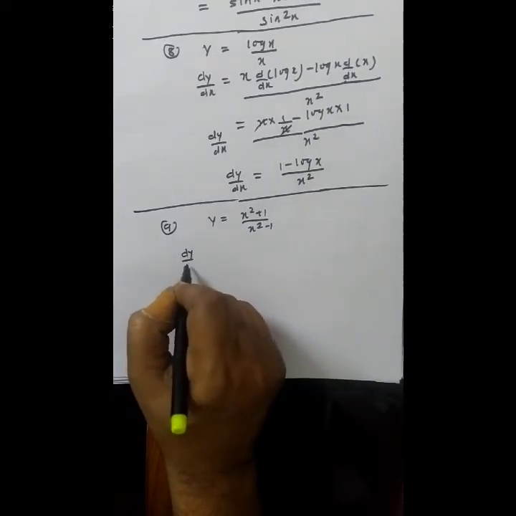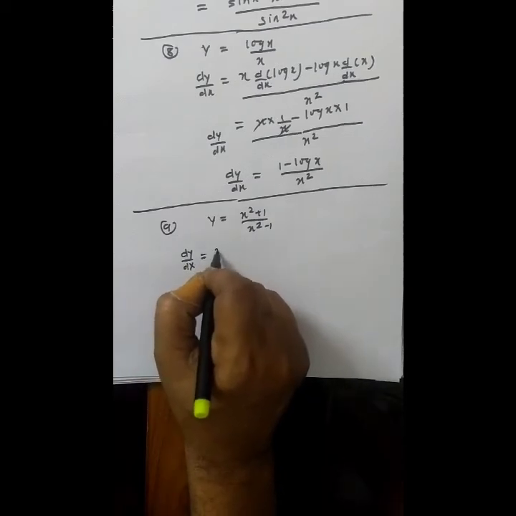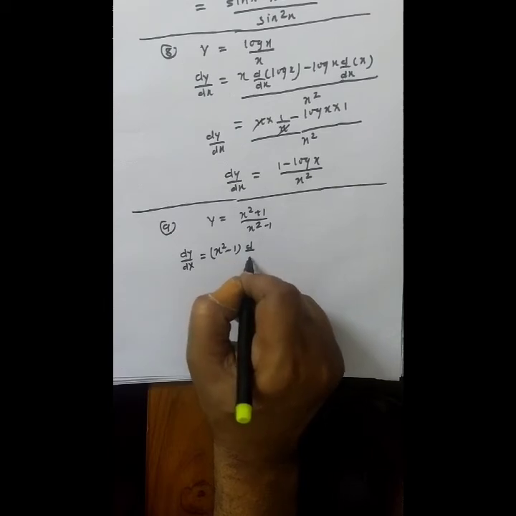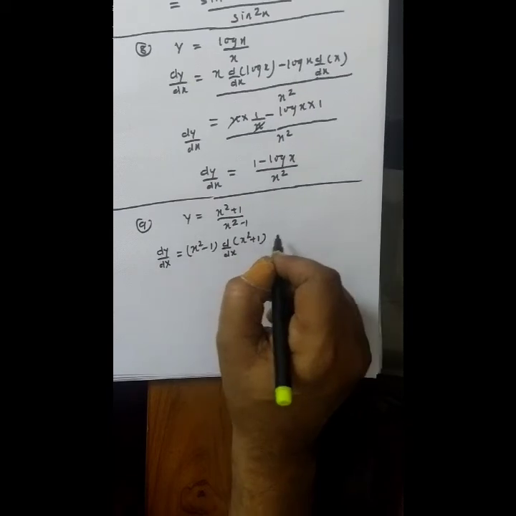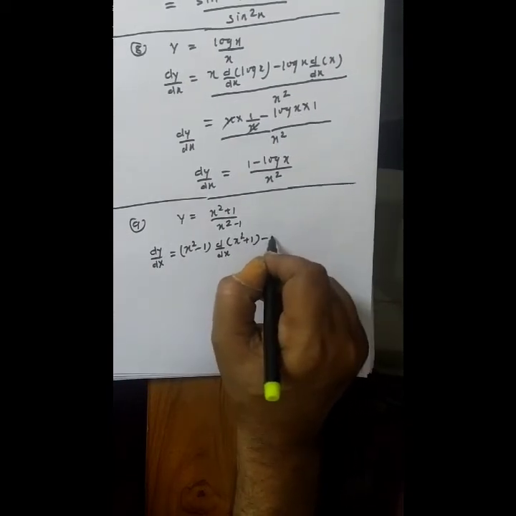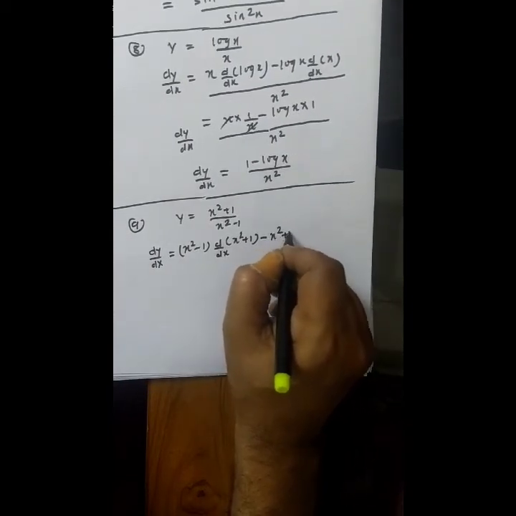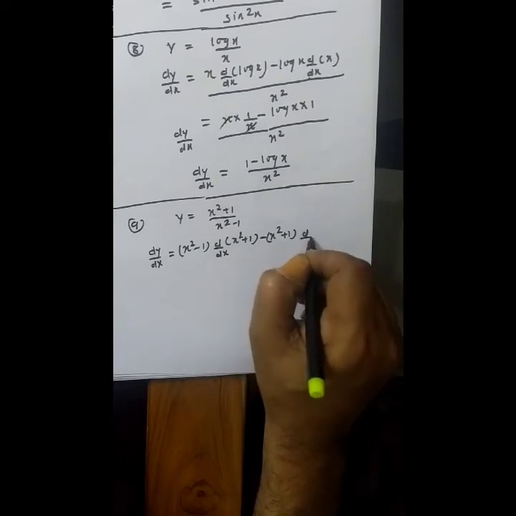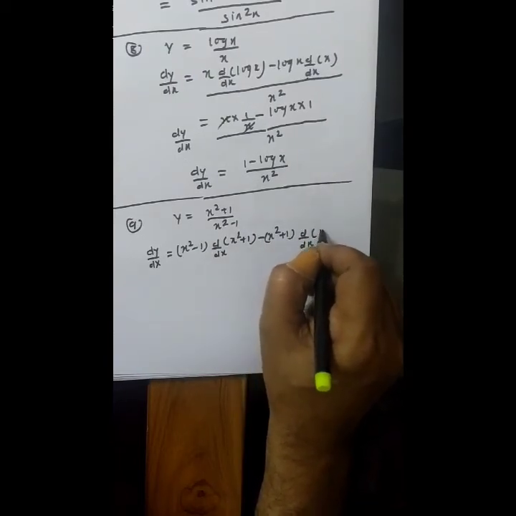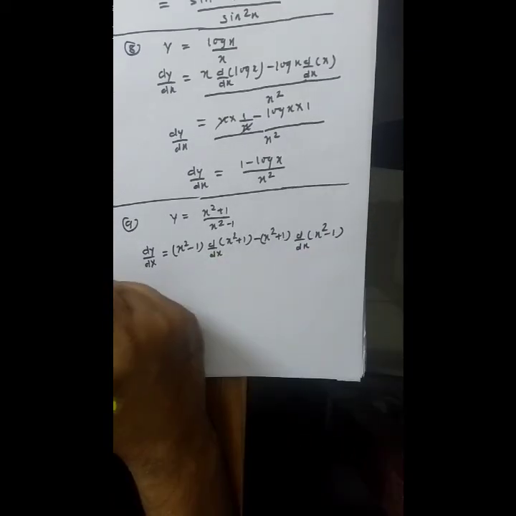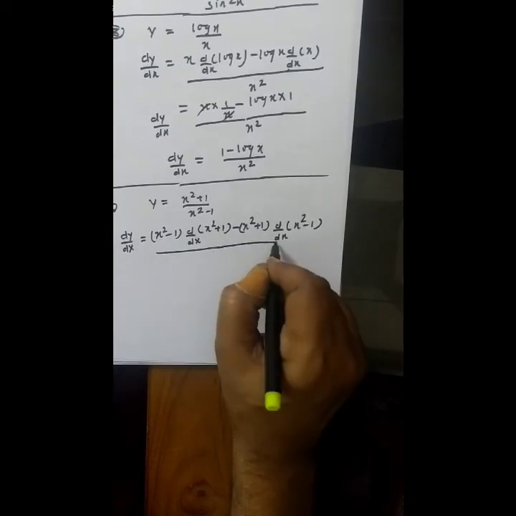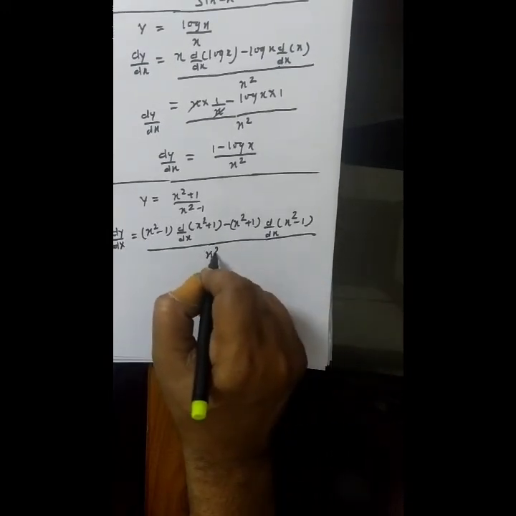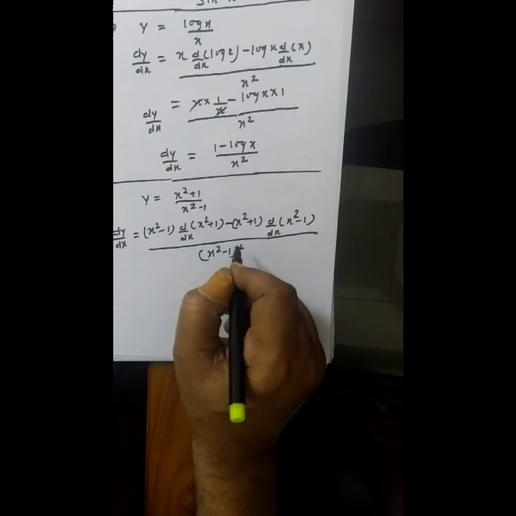So dy by dx is v into d by dx of u, that is x square minus 1 into d by dx of x square plus 1, minus x square plus 1 into d by dx of x square minus 1, whole divided by x square minus 1 whole square.